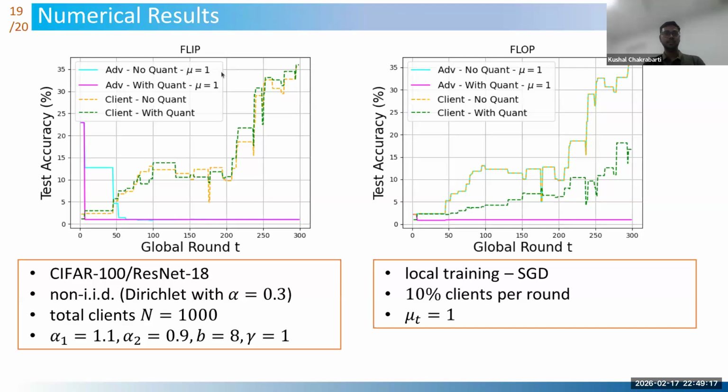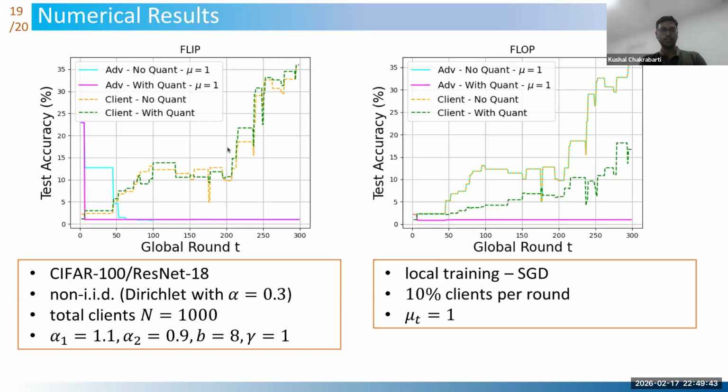That means mu is 1 almost surely. And the federated averaging algorithm is being implemented, which is just simple SGD. And every global round, the server selects only 10% of the clients, which is 100, and mu equal to 1, like I said.